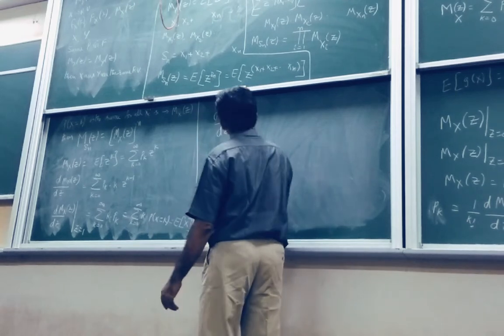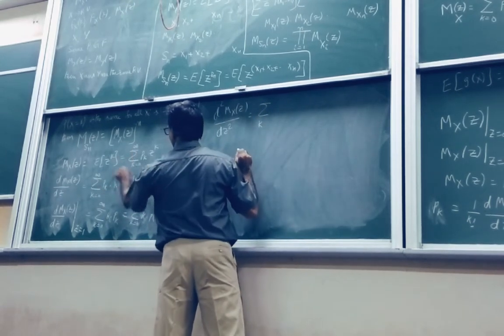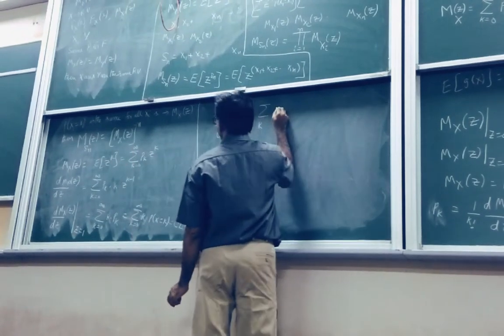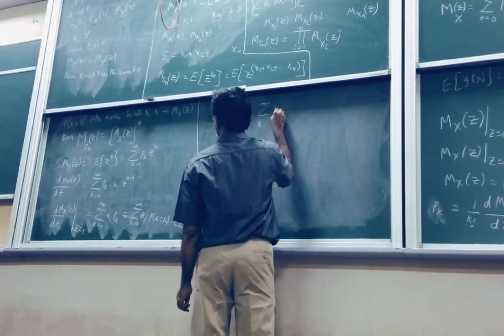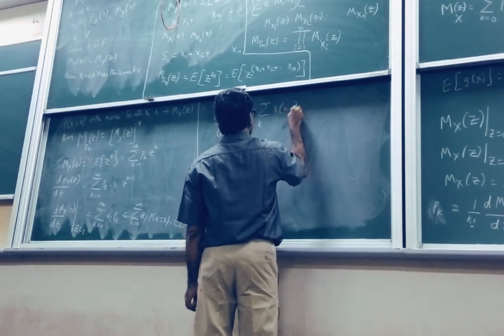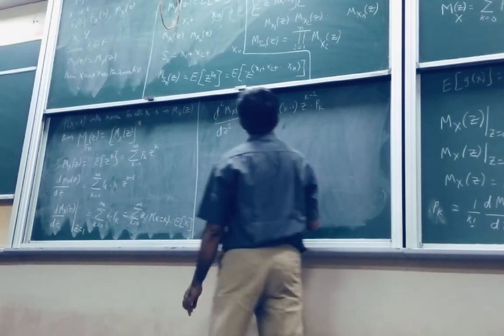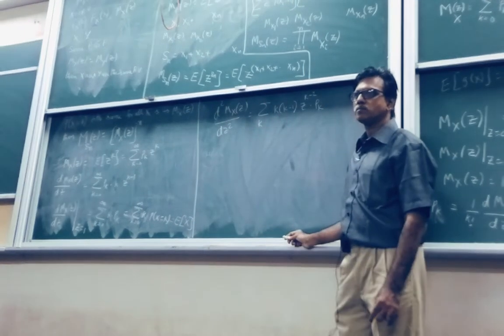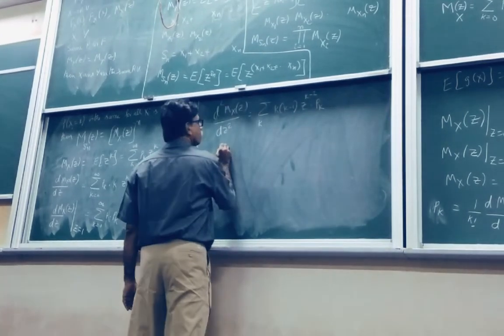If I put this one here, if we differentiate it twice, I get the sum of k into k minus 1 into z power k minus 2 into pk. This is how it comes. Now again I can put it.